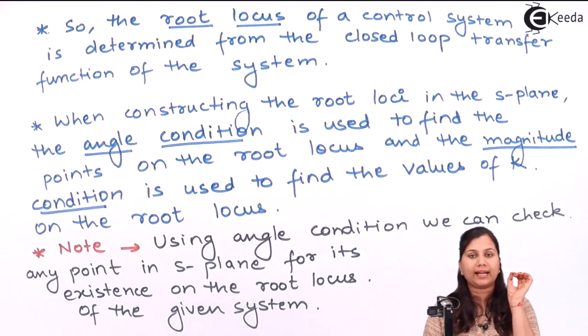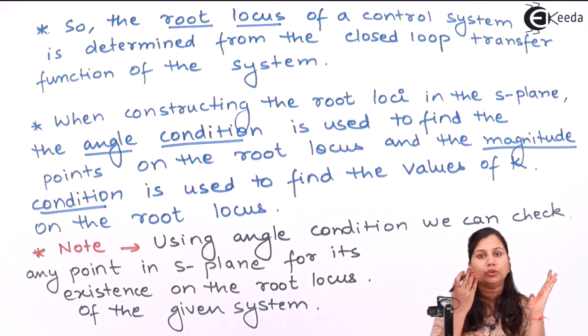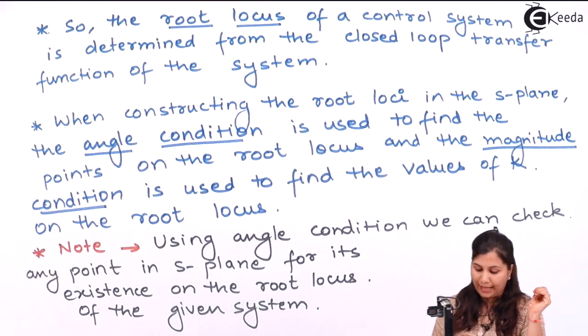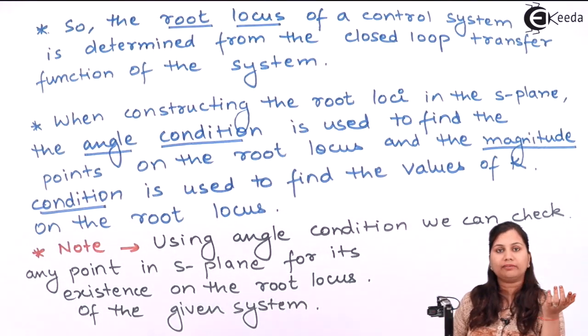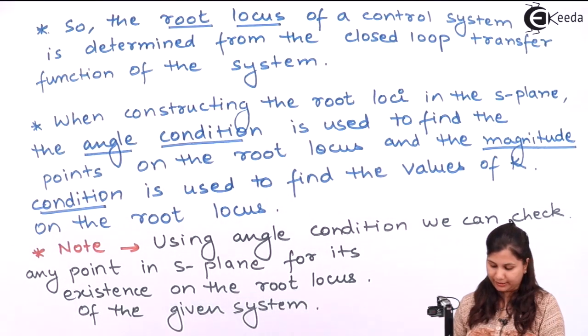When that point satisfies the angle condition, that means it is lying on the root locus of the system. And using the magnitude condition, we can calculate the value of k for that system.